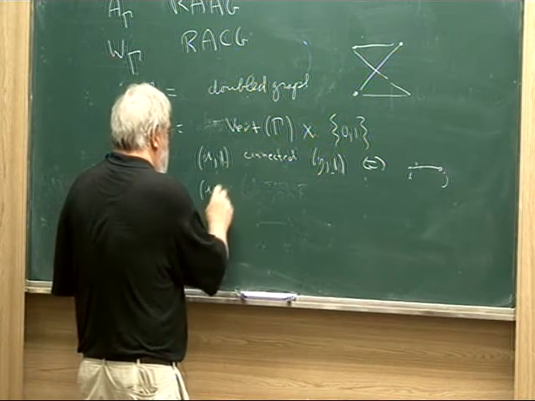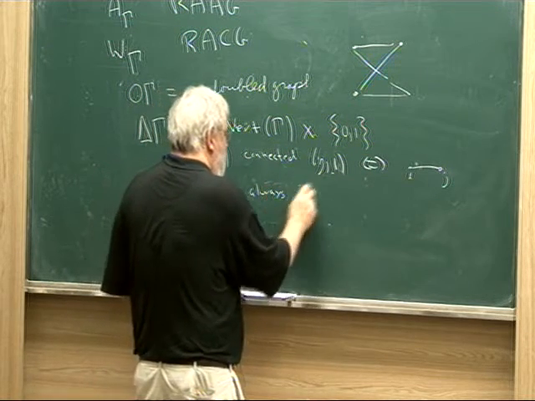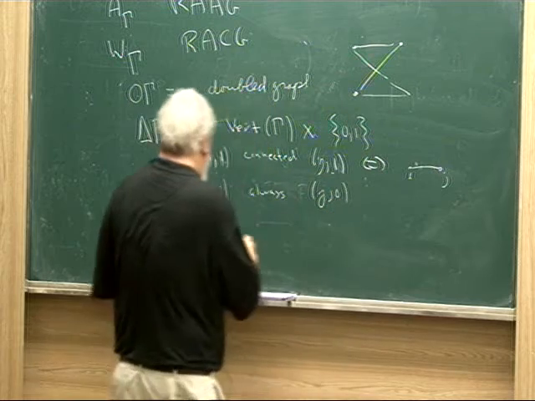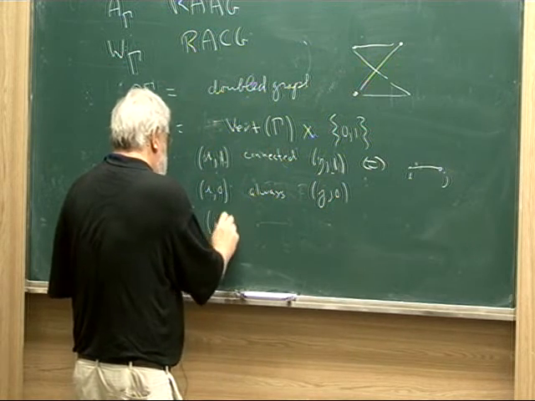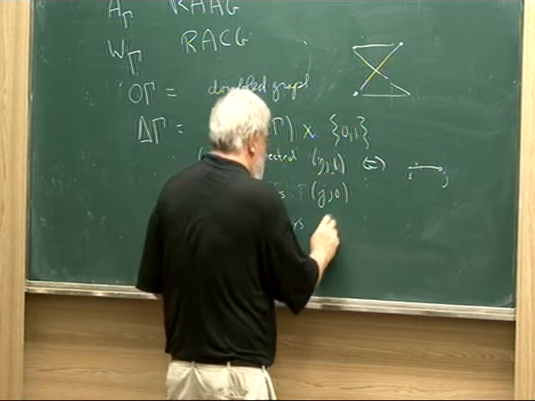So (i,0) is always connected to (j,0), and (i,1) is always connected to (j,1).